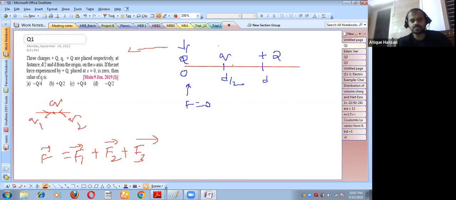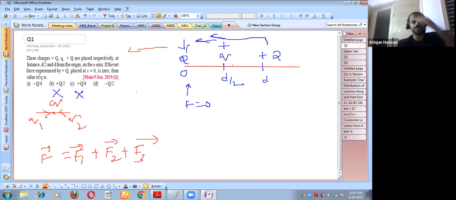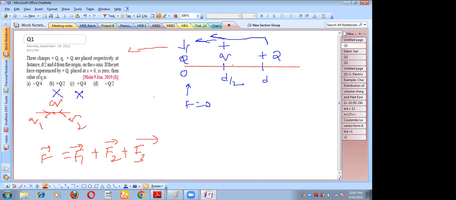Obviously, suppose this is a plus charge, it will be repelled by this one and by this one too, so the net force cannot be 0. So plus values are ruled out, right? It cannot be plus, it should be negative.